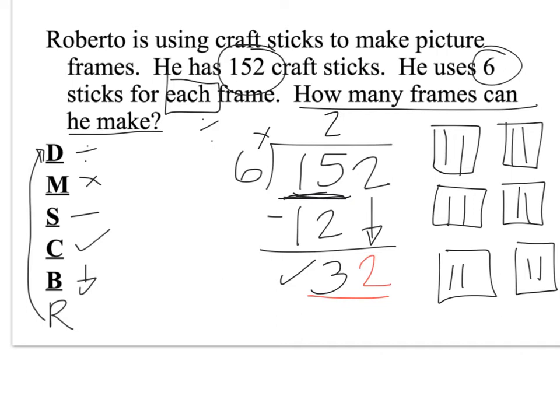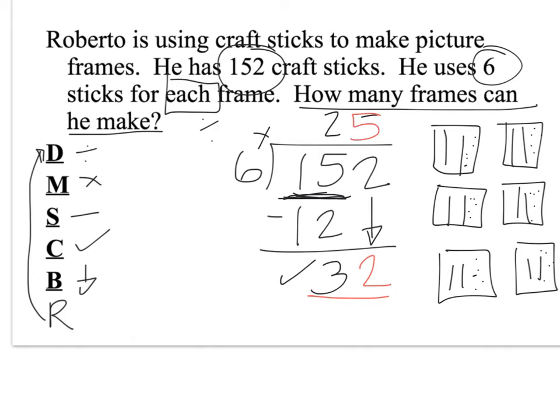Well, if I count out 1, 2, 3, 4, 5, 6, 7, 8, 9, 10, and so on up to 30, that means that there are going to be 5 6s in 32.